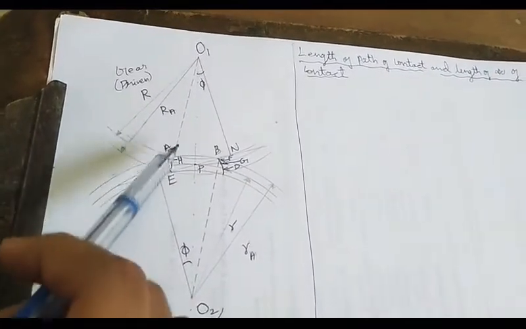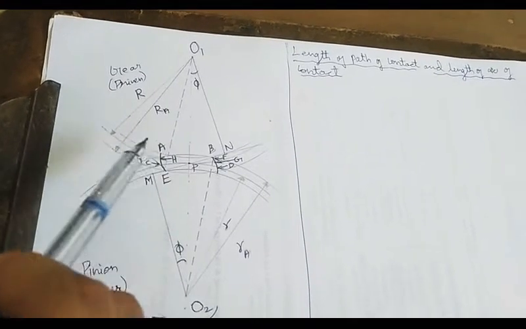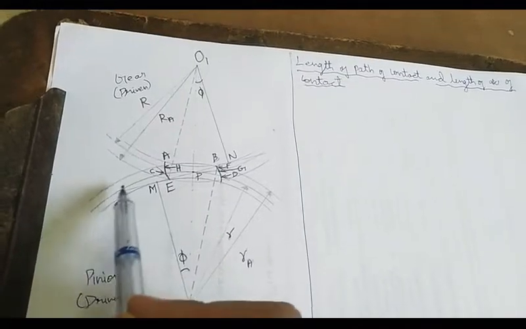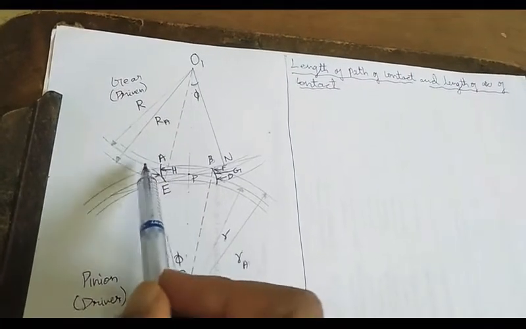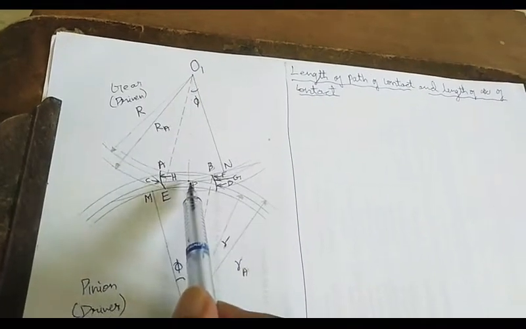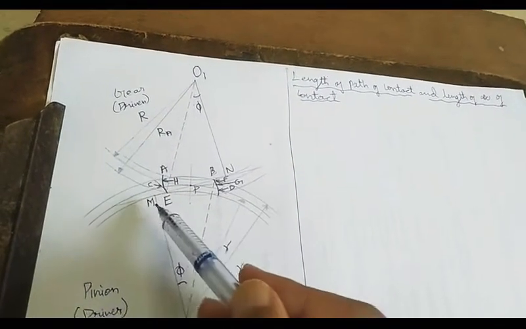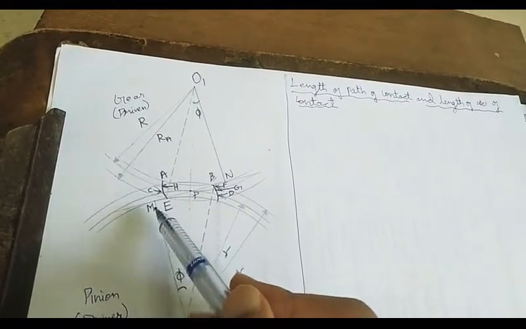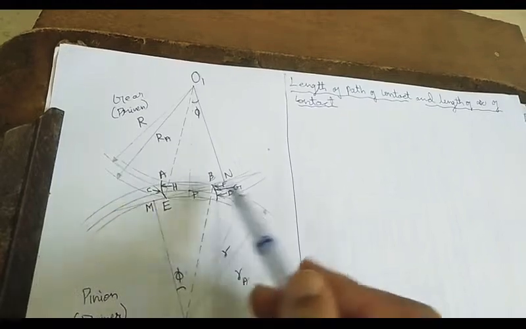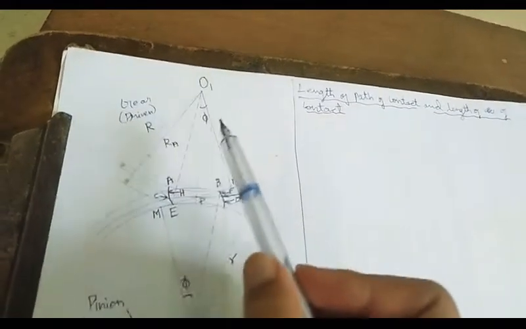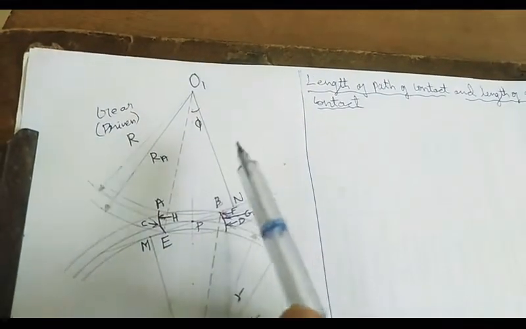Here we have shown that the two gears are mating with each other. The center circle is the pitch circle, and the pitch circles of the two gears intersect at point P. Mn is the common tangent for both base circles or dedendum circles, and that Mn passes through the point P. In the figure you can see that phi is the pressure angle.